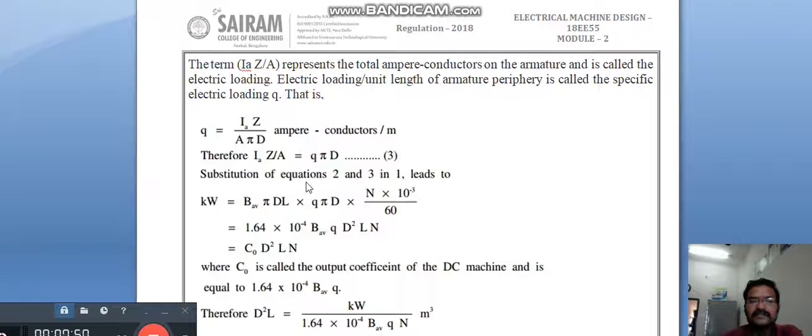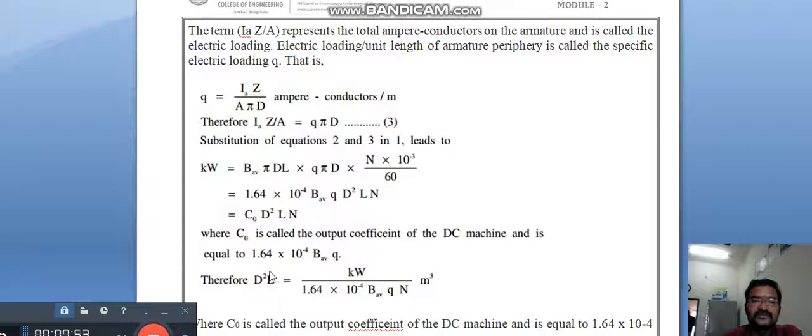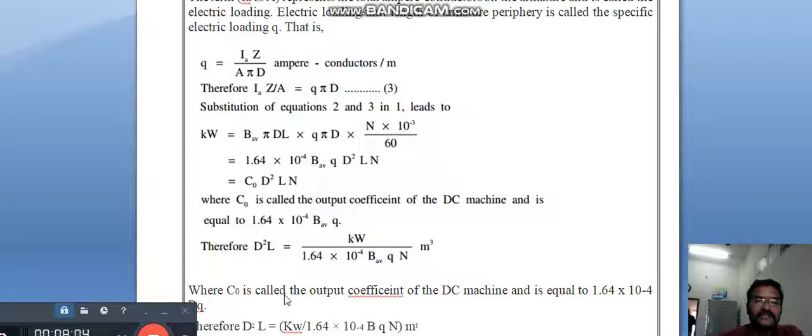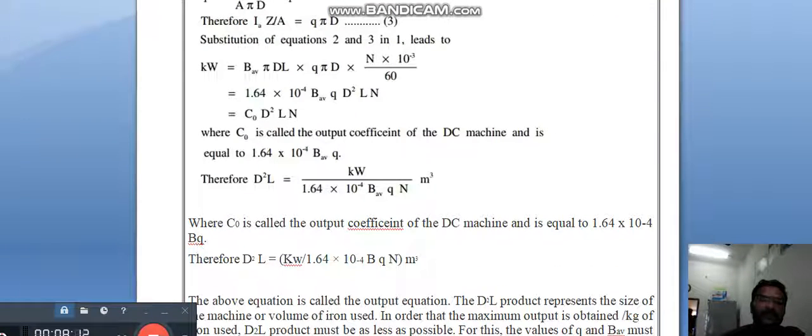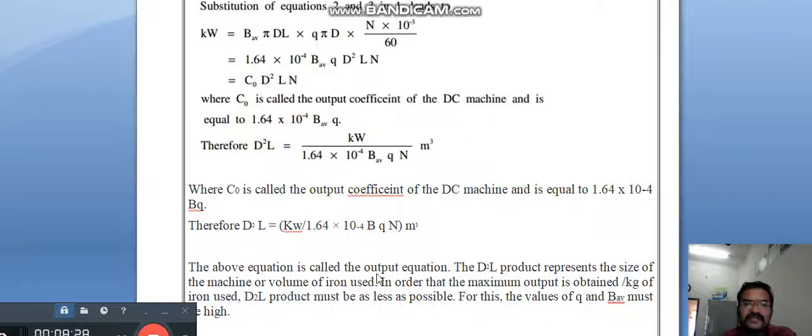So D square L is equal to kW divided by 1.64 multiplied by 10 to the power of minus 4 B_av q n meter cube, where C0 is called the output coefficient of the DC machine. This is the output equation. The above equation is called the output equation.